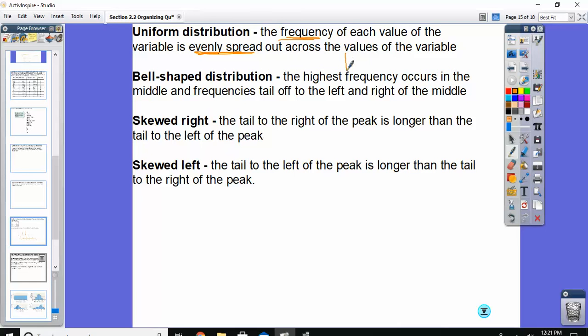An example would be like a histogram where everything has the exact same height. That's uniform. There's no variation there.